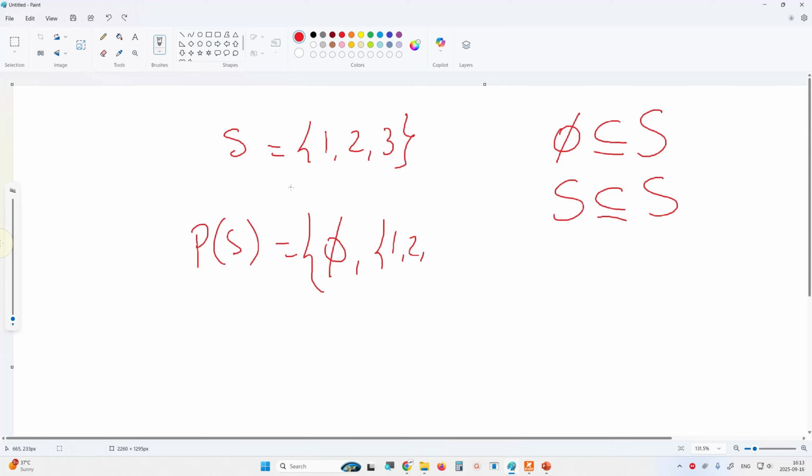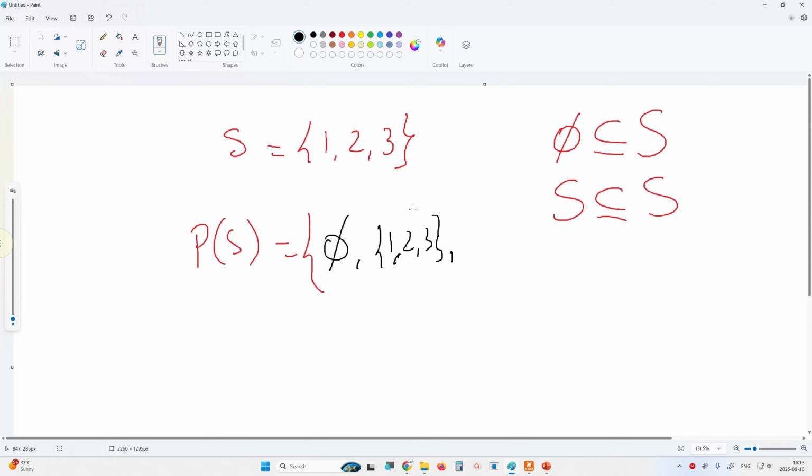Let me represent that in a different color, it will make it more clear. So this is the empty set, and then I have 1, 2, 3. This is a set that is also one element inside another, bigger set.